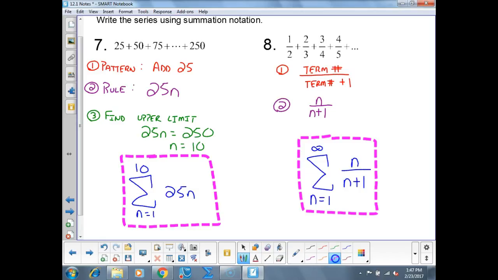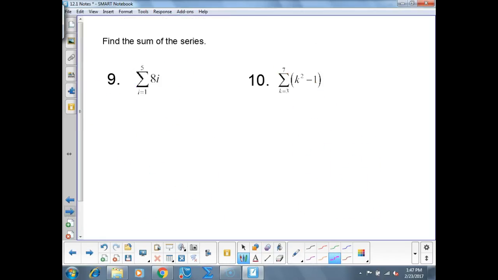Now, if it says find the sum of the actual series, what you need to do is find the series first. So you start by finding the terms of the series. In this case, a sub 1, I'm going to take my first term and plug it into my rule.